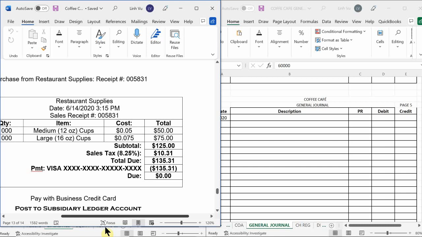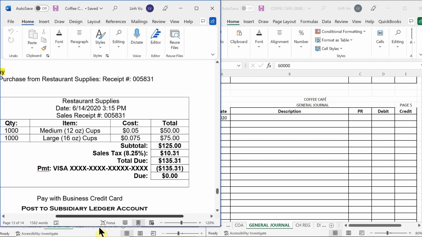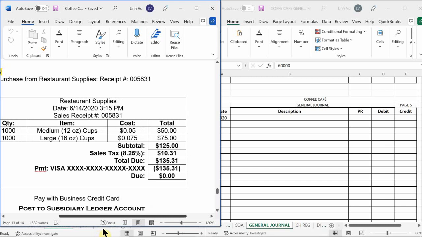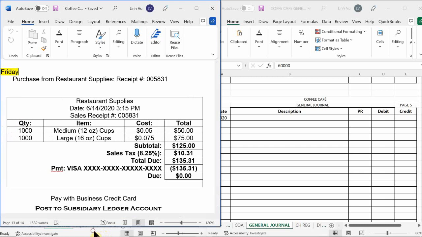In this case, these are paper cups. Oh, gotcha. Yes, not coffee mugs. So we went to Restaurant Supplies to buy some paper cups to serve the coffee. And we used our business credit card to pay for these cups.